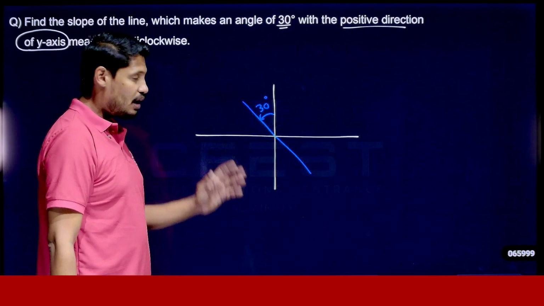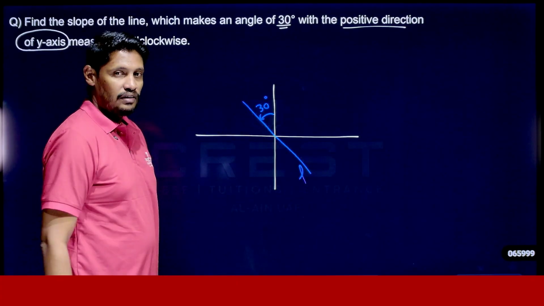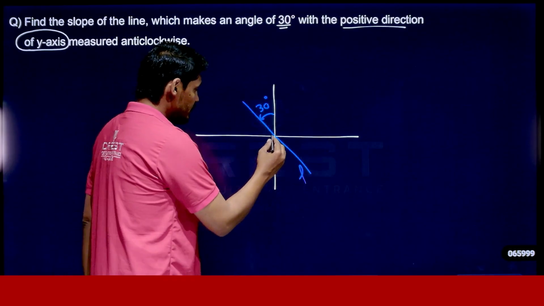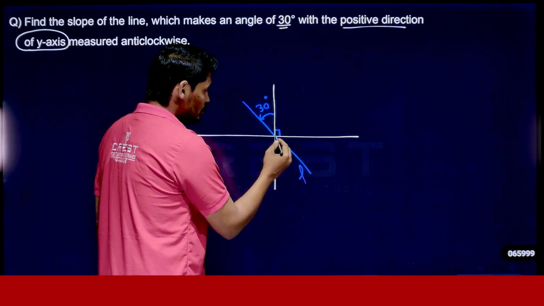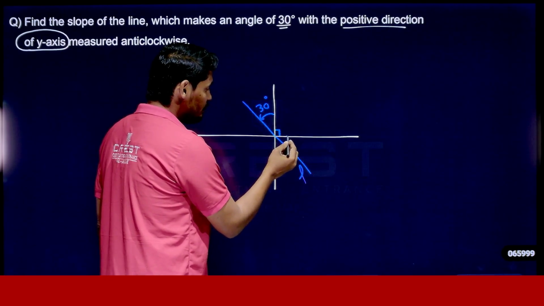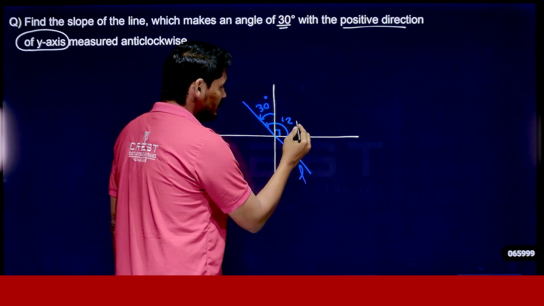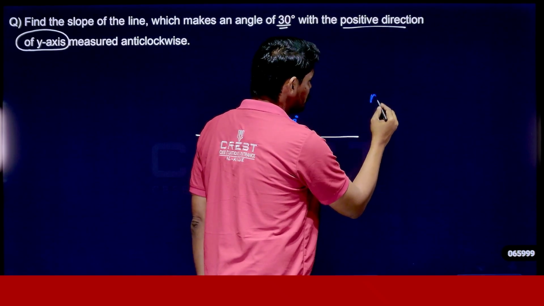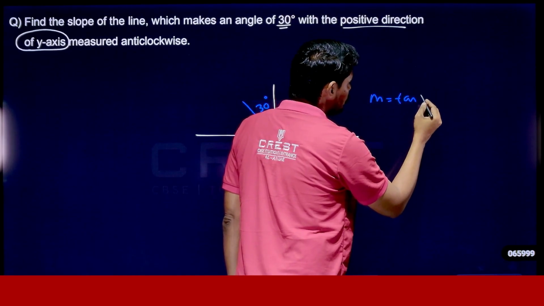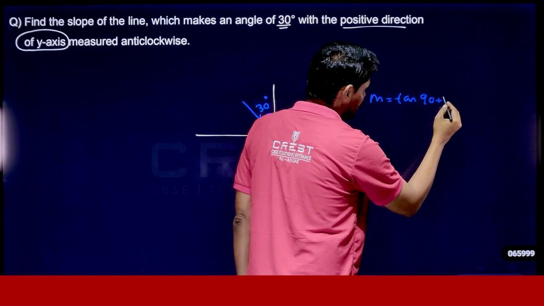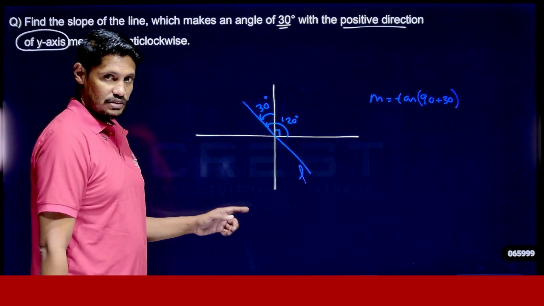In this case, how can you find the slope of this line L? We know the axes are at 90 degrees, so the angle the line makes with the x-axis is 90 plus 30, that is 120 degrees. Now we apply m equals tan theta, with theta being 120 because we are taking the angle with the x-axis, not the y-axis.